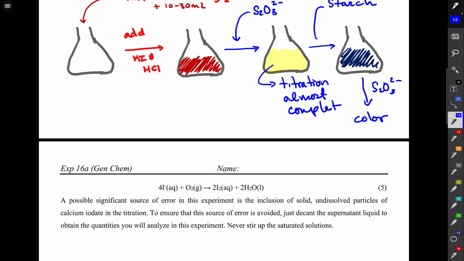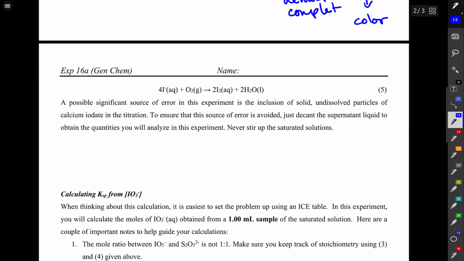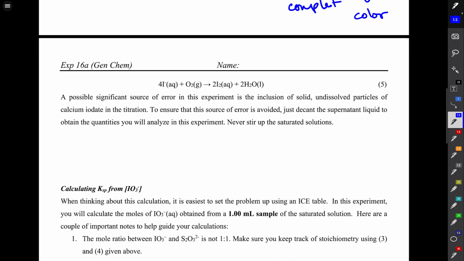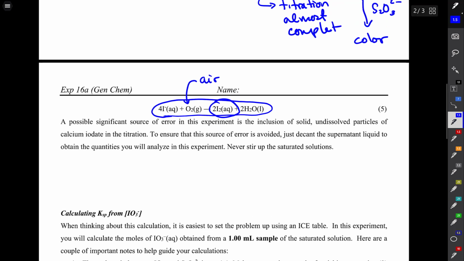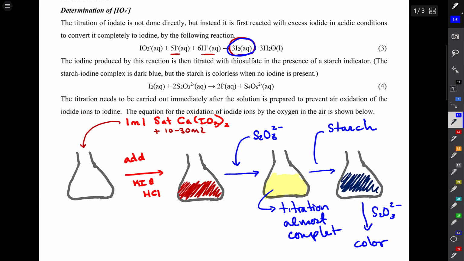Now, let me point out one other thing, and this actually complicates the whole process. While you're swirling it, this reaction takes place. And the oxygen comes from air. And what it does is it produces more I2. Since it's producing more I2, notice what that does in the reaction up here.